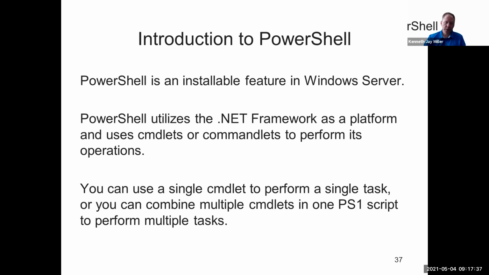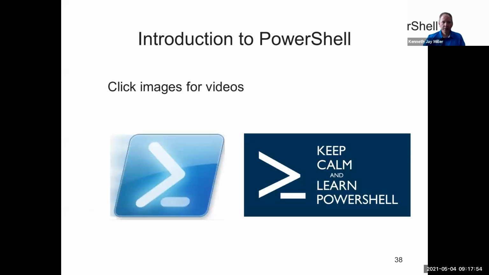All right. So we can add these into a text file, give it the name of .ps1, and then just run that .ps1 file, and it will go through and run all those tasks in the order that they're listed. Okay. So let's watch a couple of videos here.